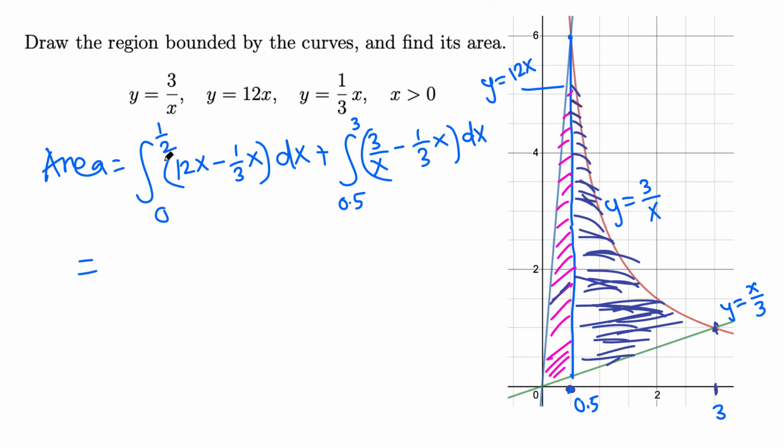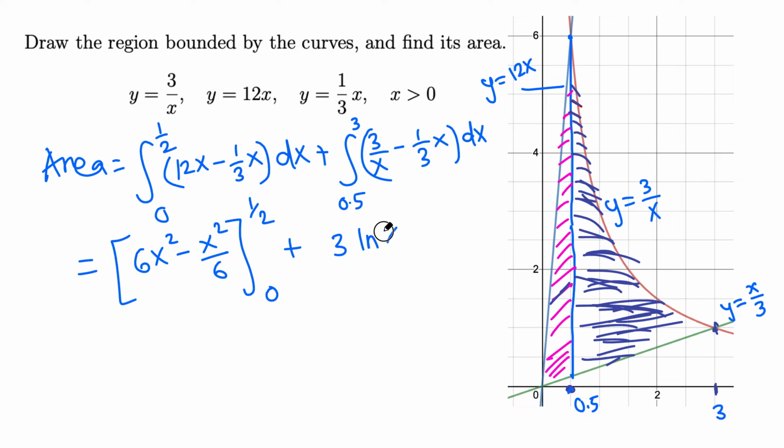Okay, here let's integrate 12x squared over 2, so 6x squared, minus 1/3 times x squared over 2, so x squared over 6. That is from 0 to 1/2, plus here 3 times 1 over x. 3 is 3, 1 over x, antiderivative natural log of x.